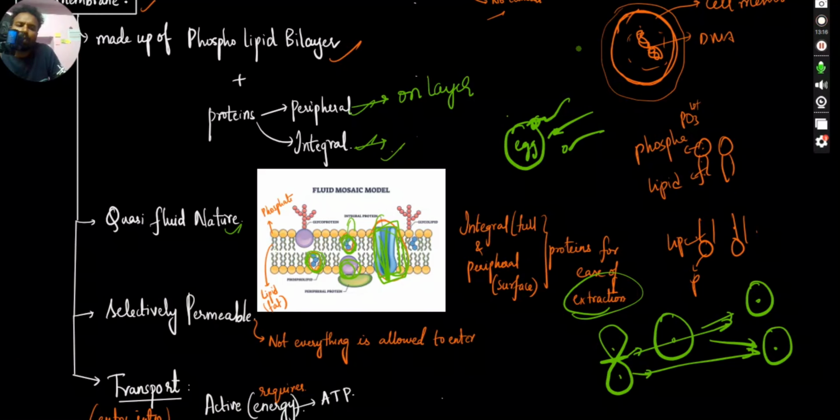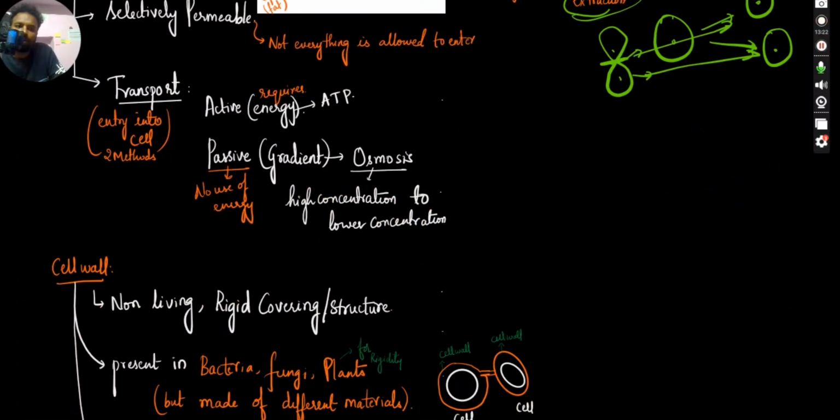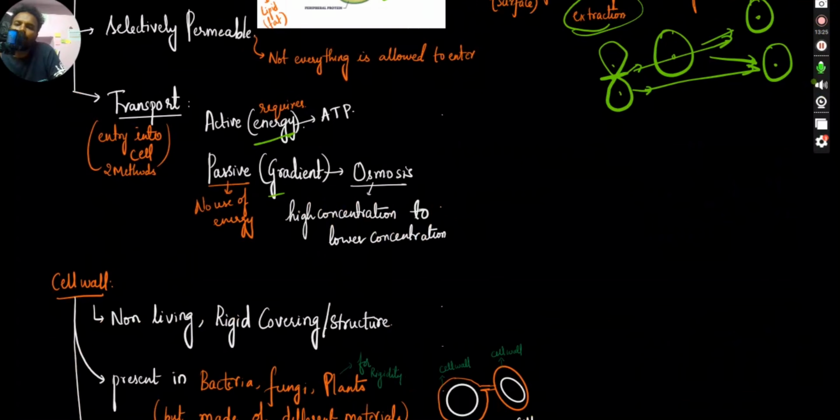So according to permeability, how things should enter, this transport can be divided into 2 types. One is usage of energy, another is non-usage of energy. For example, whenever there is pressure, high pressure and low pressure, if a pressure difference is created, elements will get out, right? So transport is of 2 types: active and passive.